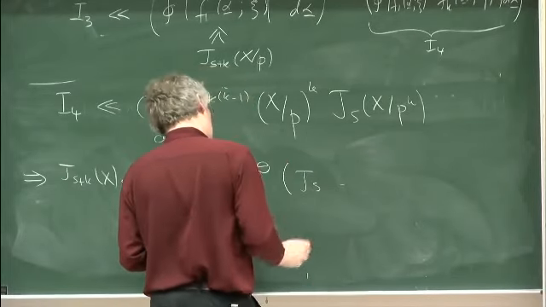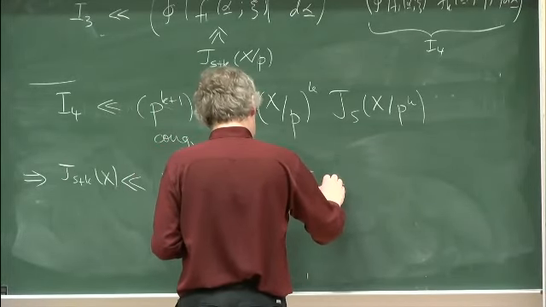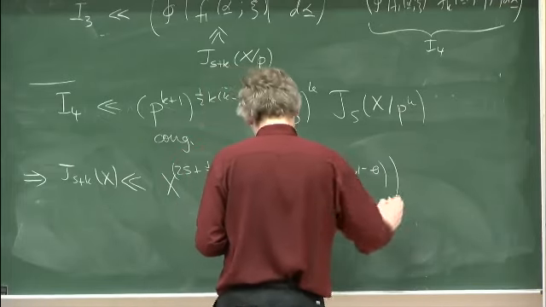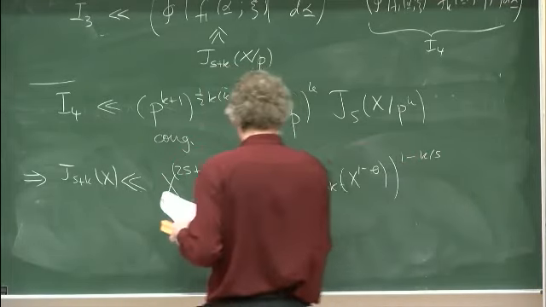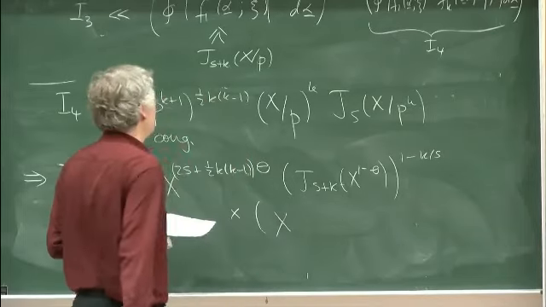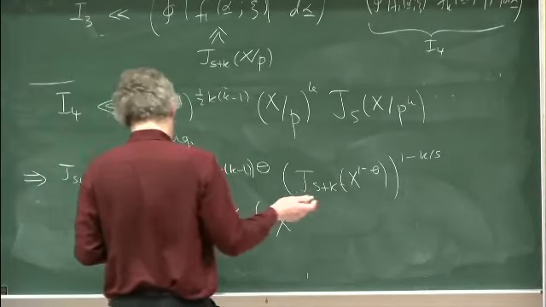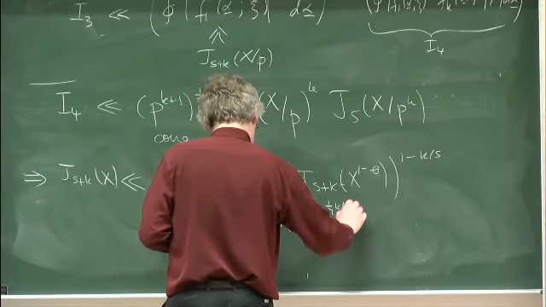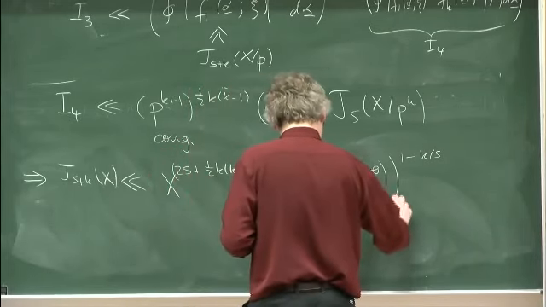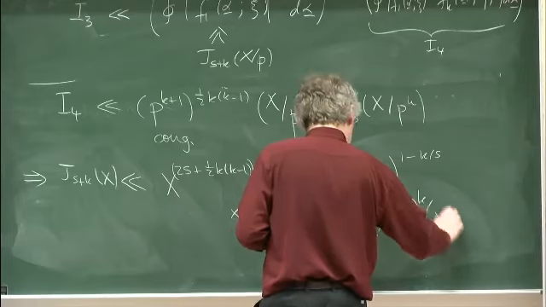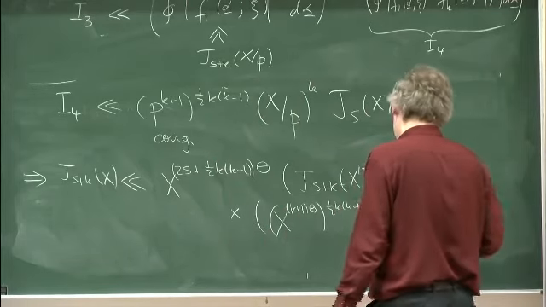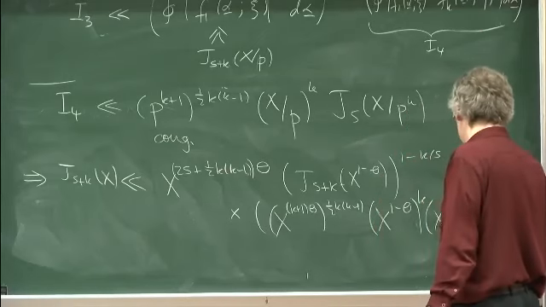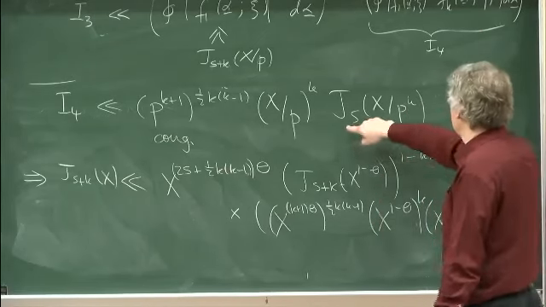So here I should write down js plus k of x to the 1 minus theta to the 1 minus k over s, and then there's an x, then there's this I4 stuff, so that's x to the k plus 1 theta to the half k, k minus 1 times x to the 1 minus theta to the k times js of x over p to the k, so that's x to the 1 minus k theta, and I pretend I know what this is.